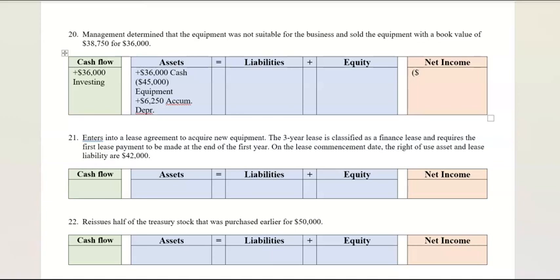So on our income statement, we're going to see a loss of $2,750. It's typically going to be recorded in the non-operating section of the income statement. And assuming we immediately recorded our closing entries, we would see the decrease in stockholders' equity through the account retained earnings.